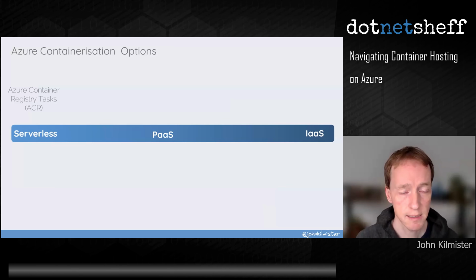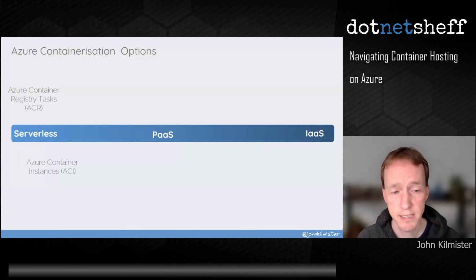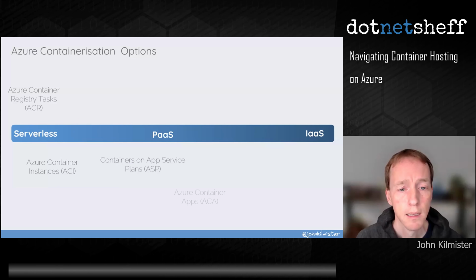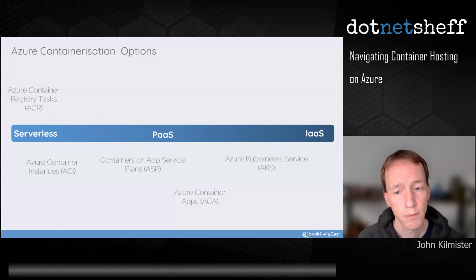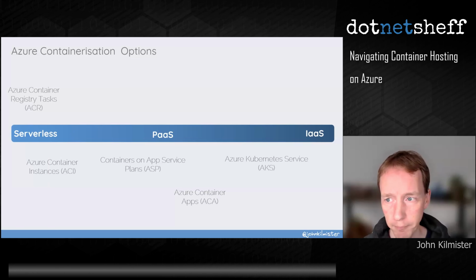Azure Container Registry Tasks is one of these examples. It's not really a hosting option, but it does allow you to run the containers. We've got Azure Container Instances, one of the oldest container hosting services. Containers on App Service Plans. We have the newer Azure Container Apps. And then, of course, we've got Kubernetes itself, but we've got the Azure flavor of it.